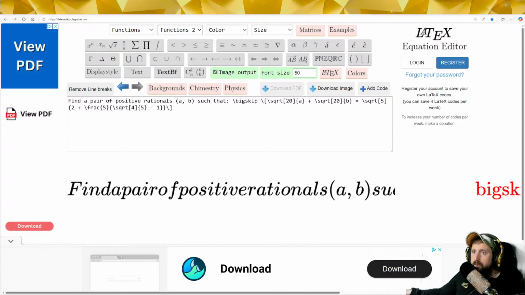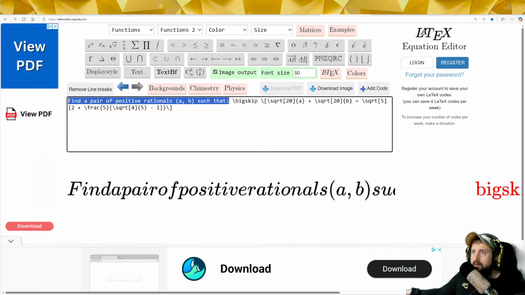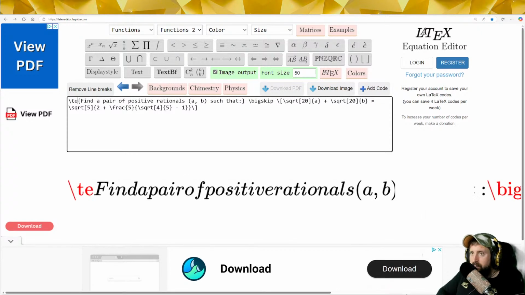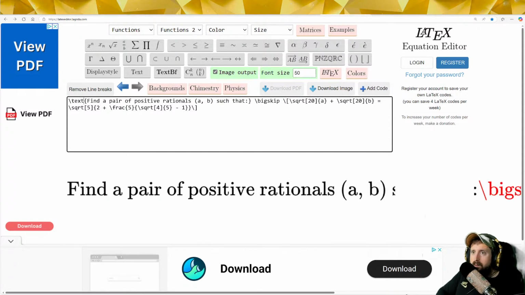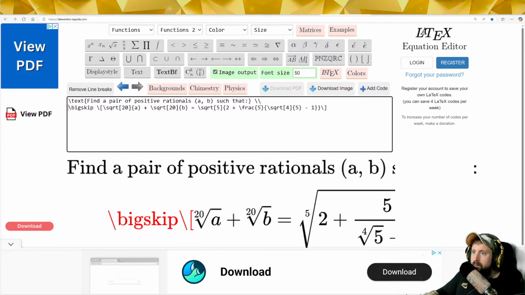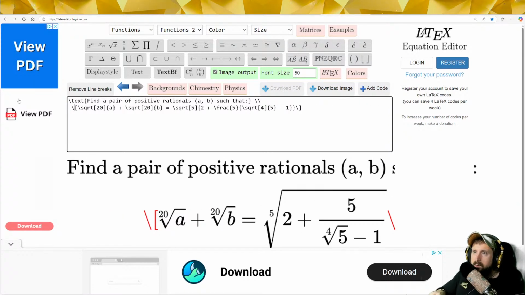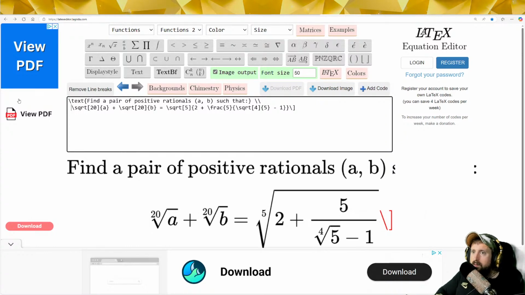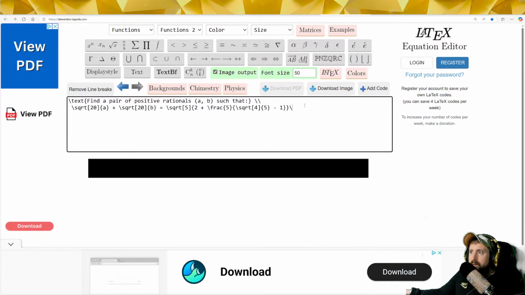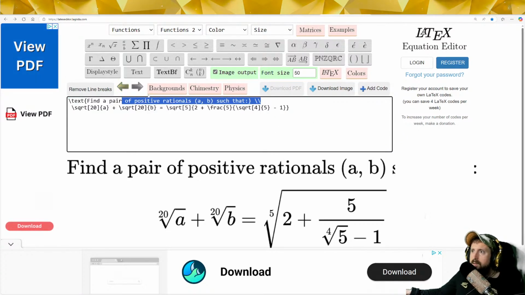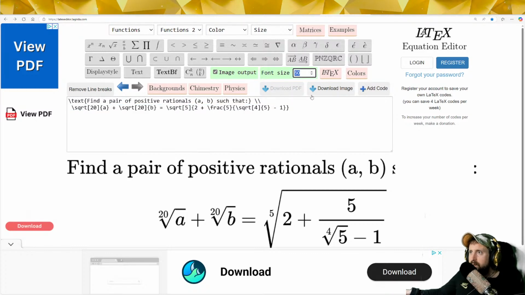But this is super useful. So here's what I'm gonna do. I'm going to put this in a text. There are a lot of ads on this, I will say. There. And then here, let's decrease the size of this. Let's make this like 30.